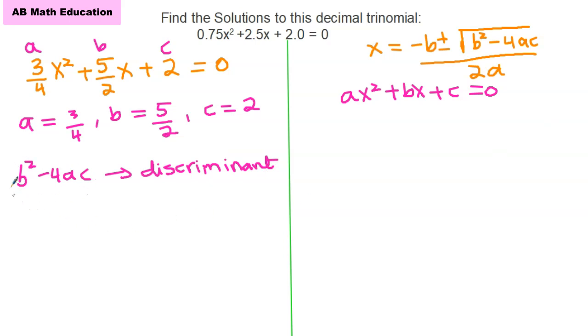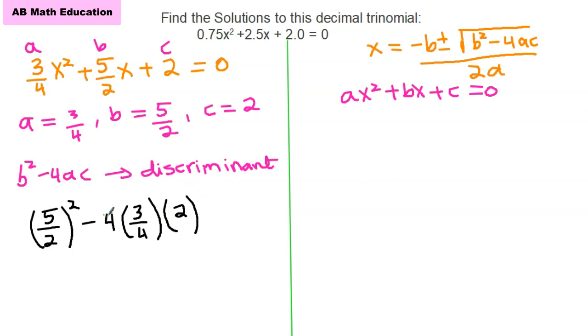So let's do that. We have our b, 5 on 2, and it's all squared, so put it in parentheses, minus 4. The a is 3 on 4, and the c is 2. At this moment, you can see that the 4 will cancel the squared 4 here. So you're going to square the 5, you get 25, you square 2, you get 4.